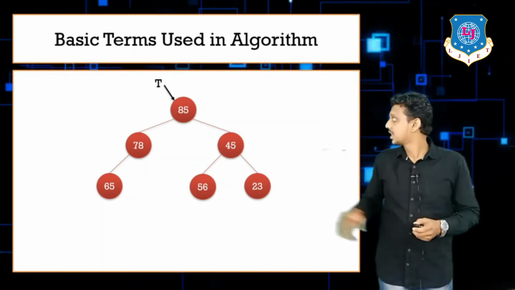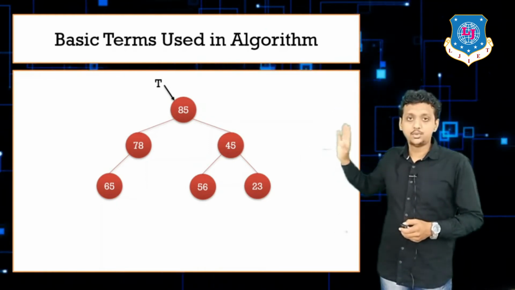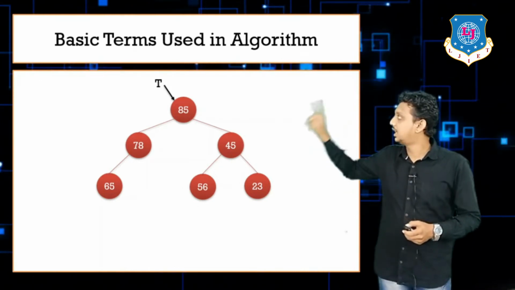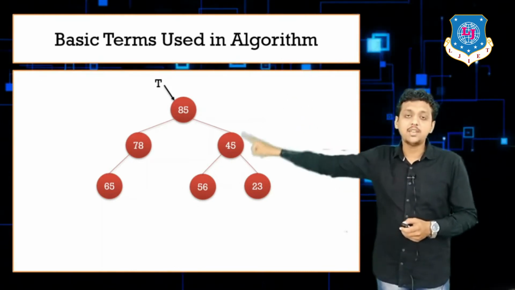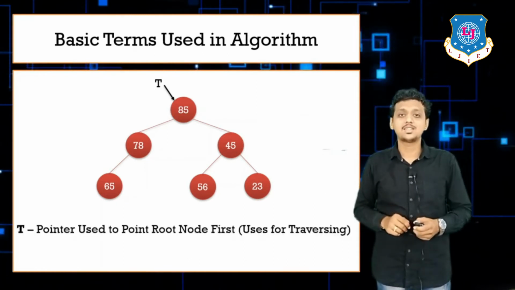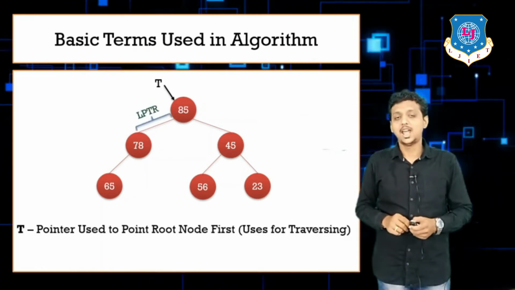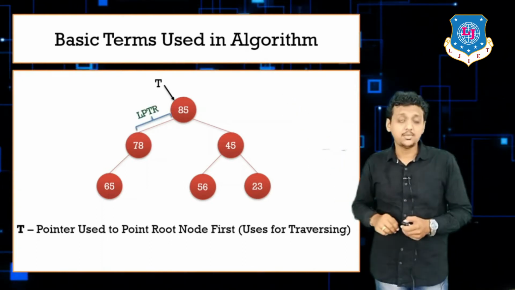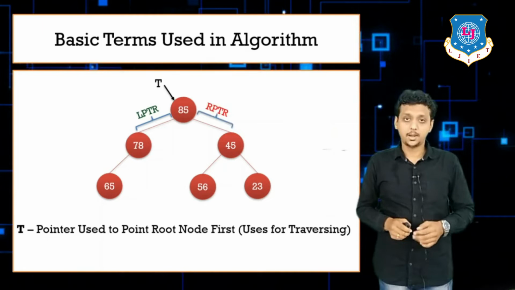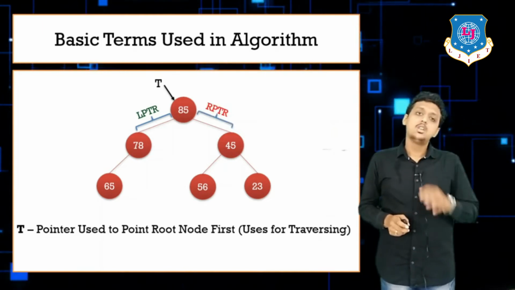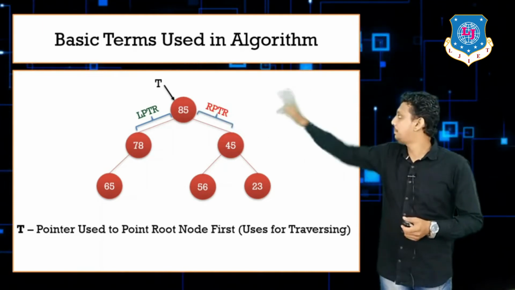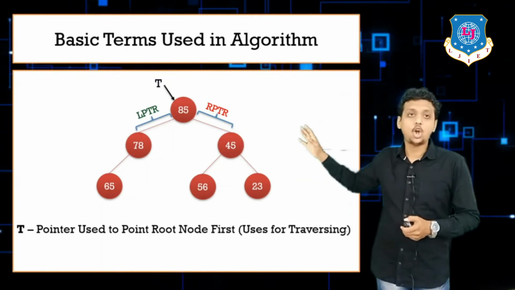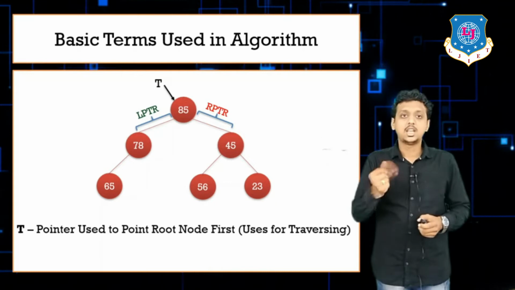Now tell me, if root node 85 is known as T, then the left link of 85 is known as LPTR, fine, and the right link of 85 is known as RPTR, fine. Now just imagine the situation, if this is LPTR and this is RPTR, then can you tell me what we call node 78?